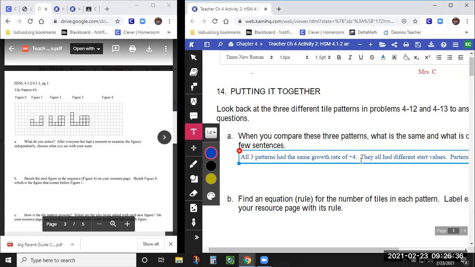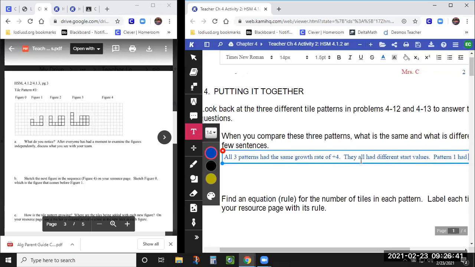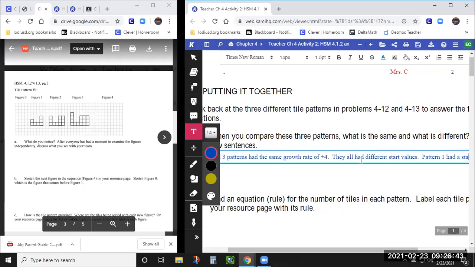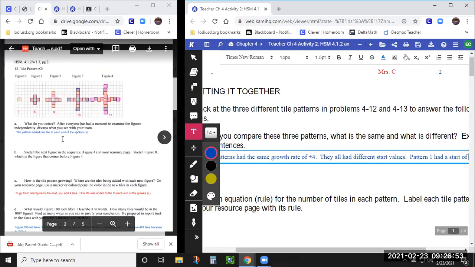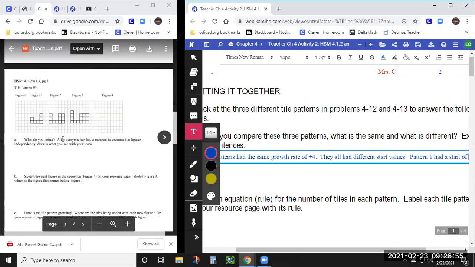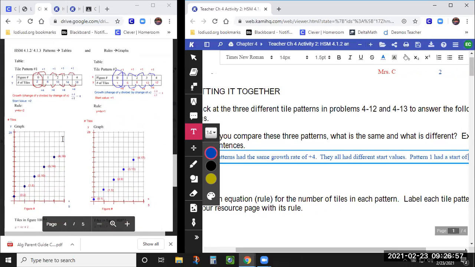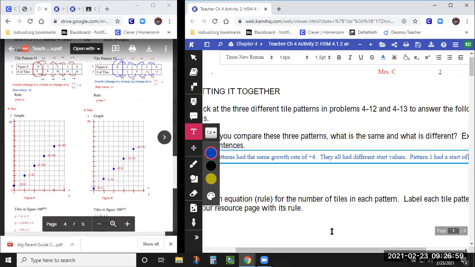Look at pattern 1. One had a start of what? What was pattern 1's start?